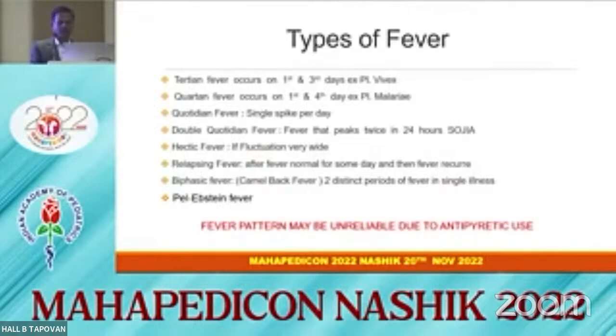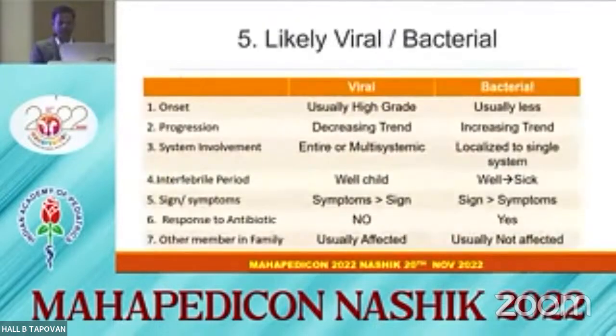And we all know that fever pattern may be unreliable due to antipyretic use. So these are the classically described fever patterns, but they may be unreliable. But if you use antipyretics on an SOS basis, you may see this type of fever pattern, and it is really going to help you in your diagnosis if you get this typical fever pattern.